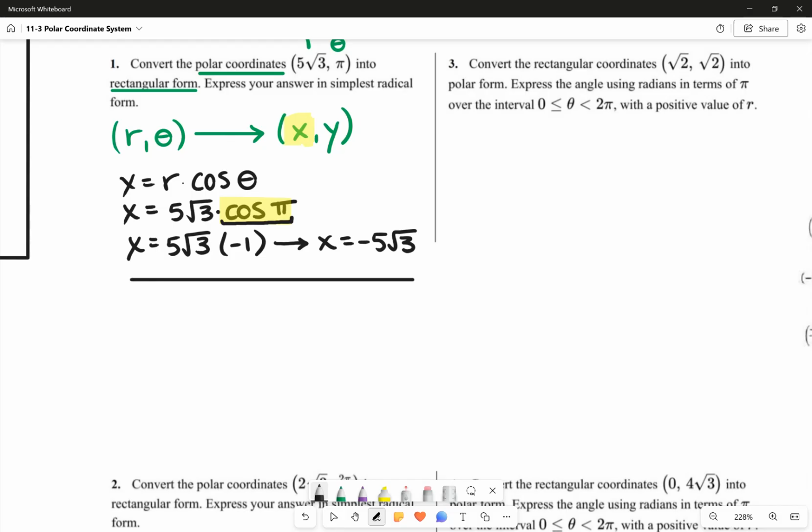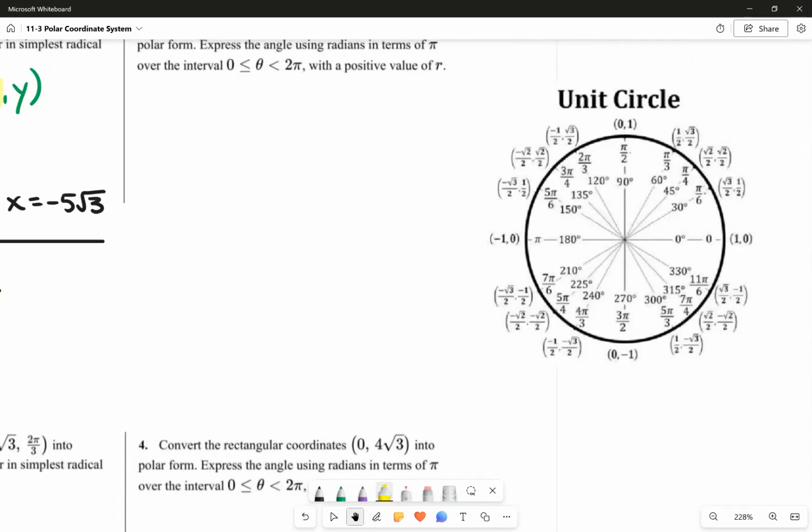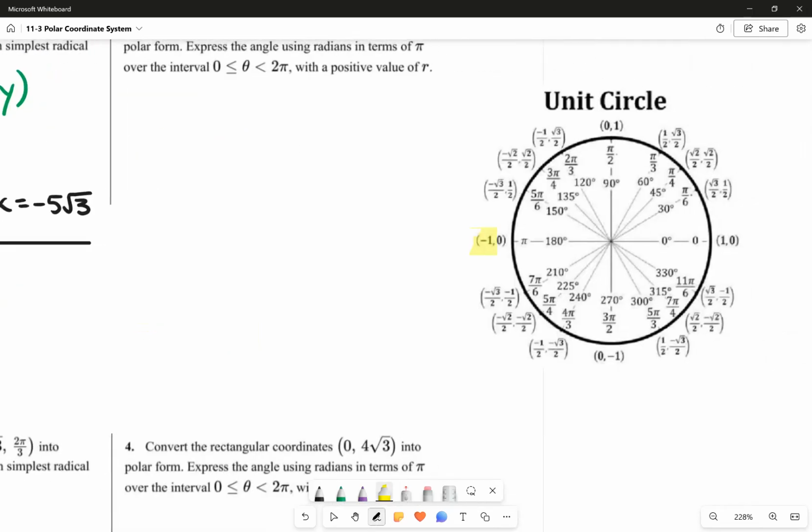I'm just going to repeat by finding y using r times sine of theta. Substitute again. It's pretty repetitious. Sine of pi. And yet again, don't use the calculator, just use your unit circle. Sine of pi means the y coordinate at pi, and my y coordinate at pi is a 0.